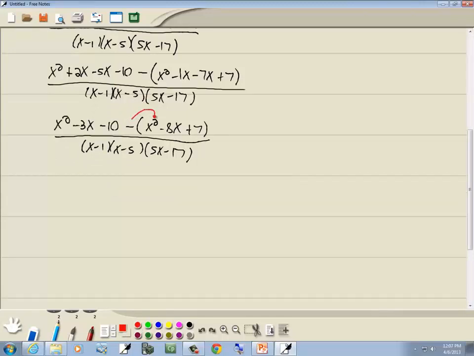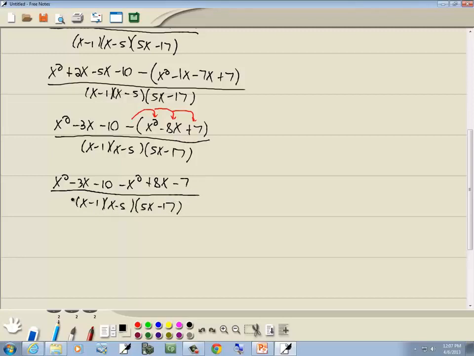So this negative here is going to flip the sign of the x squared, the negative 8x, and the positive 7. So the top part becomes x squared minus 3x minus 10 minus x squared plus 8x minus 7, all over x minus 1, x minus 5, and 5x minus 17.